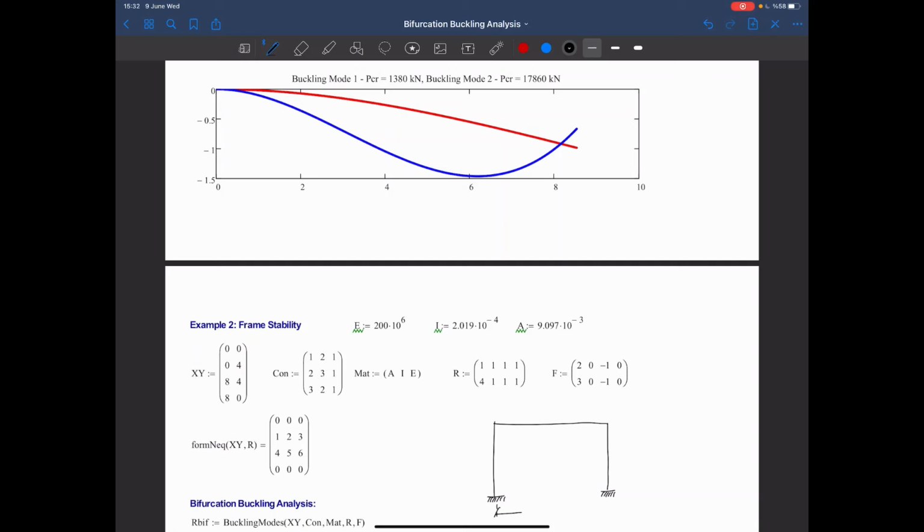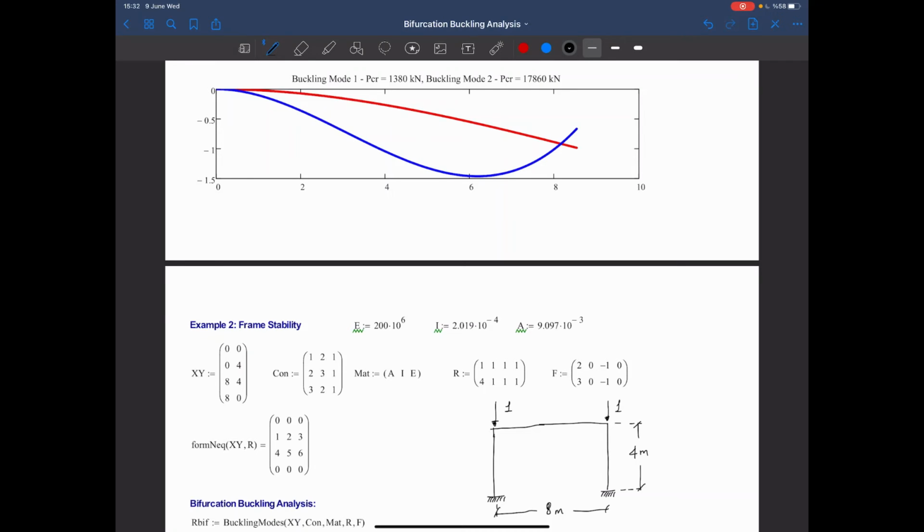So this distance is 8 meters. The height of the columns are 4 meters. And I'm applying a unit axial load on both columns. Let me redraw that.